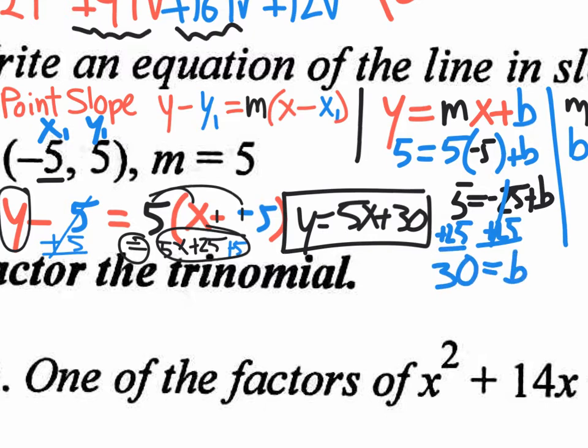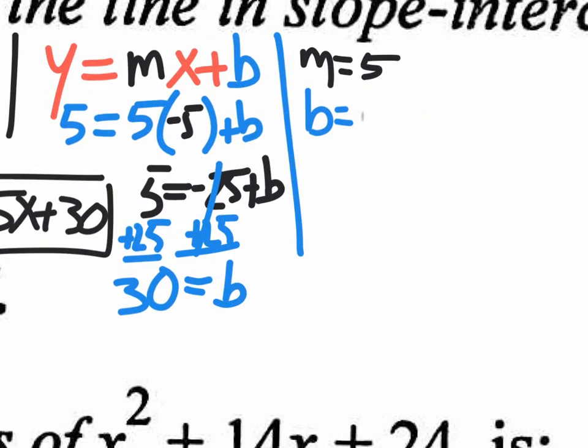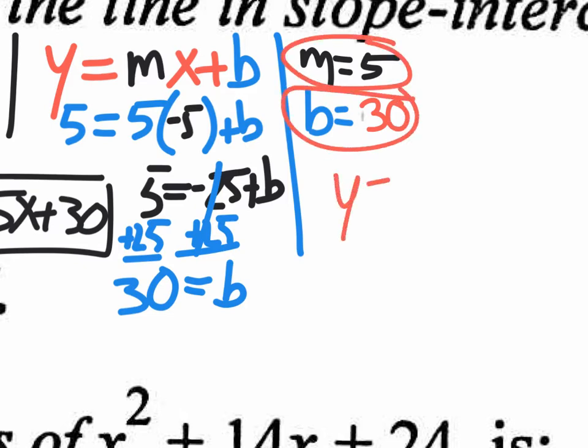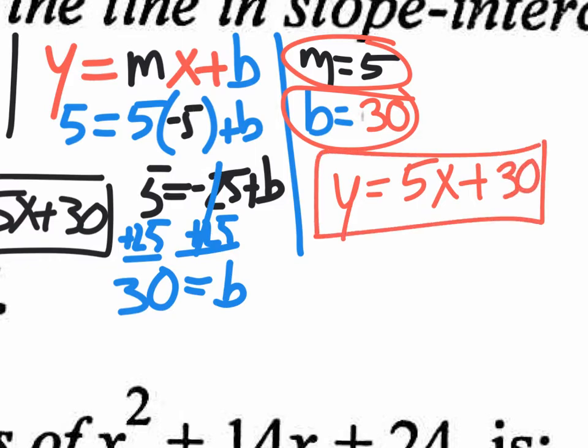So now we really do know that the b value is 30. I hope everybody's keeping up with me here. So the b value is 30, the m value they gave us. Once you know m and b, now you could go y equals m, because that's your m value, x plus b. B is 30.